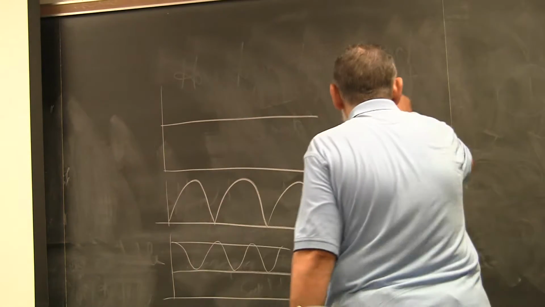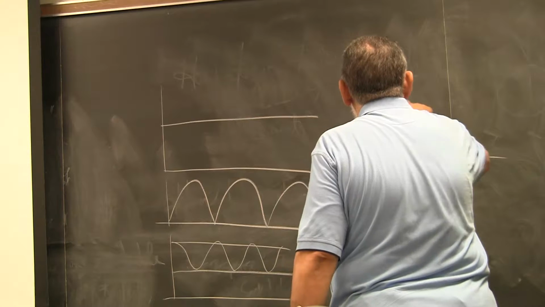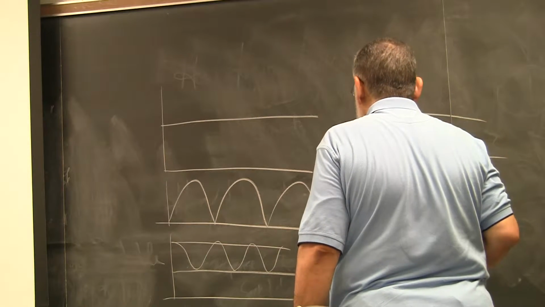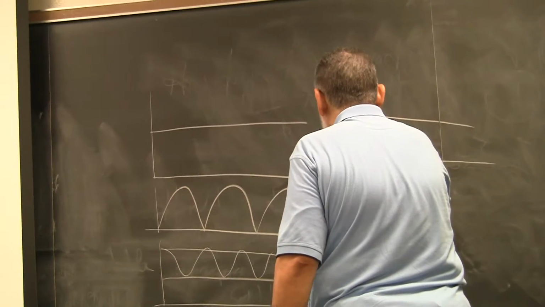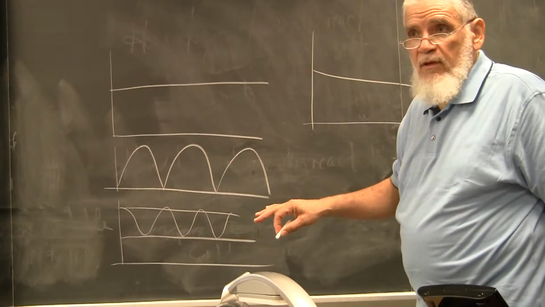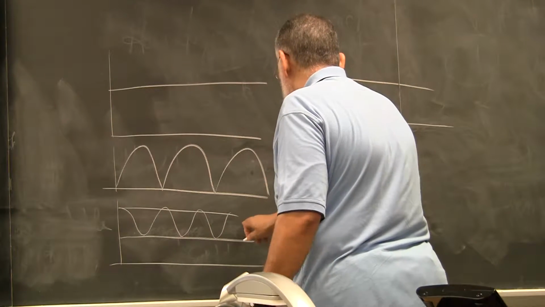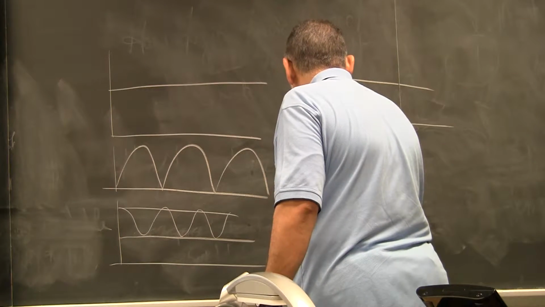Now, if you have a lossy or a partial loss, you get things to decay this way. This one here, obviously, it will never be pure standing wave in this case. In a lossy line, you'll never get a pure standing wave. You always get some mixed wave.